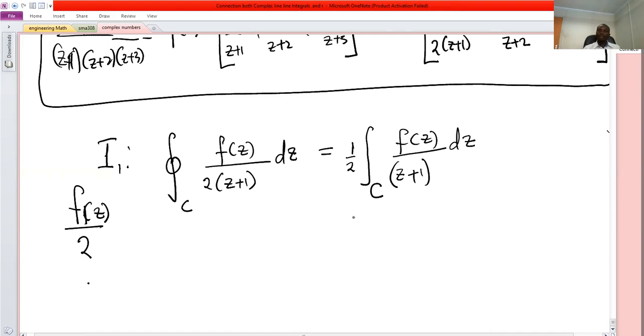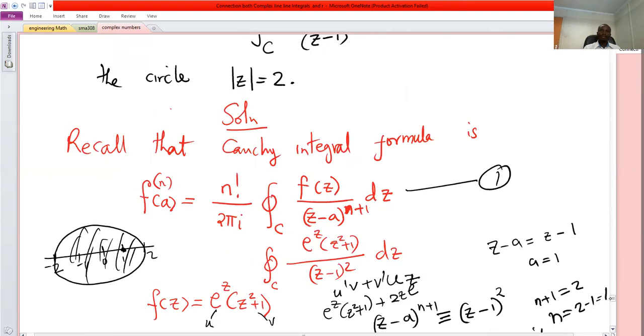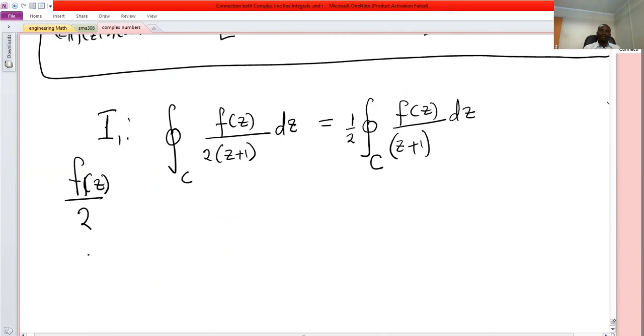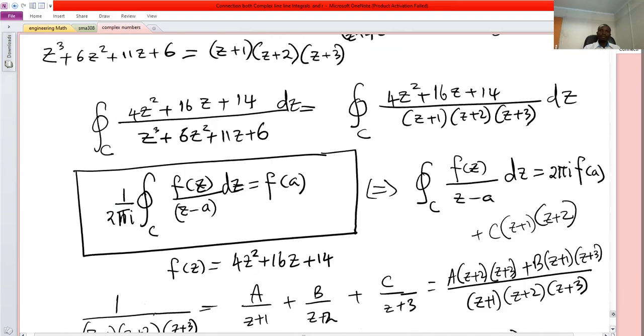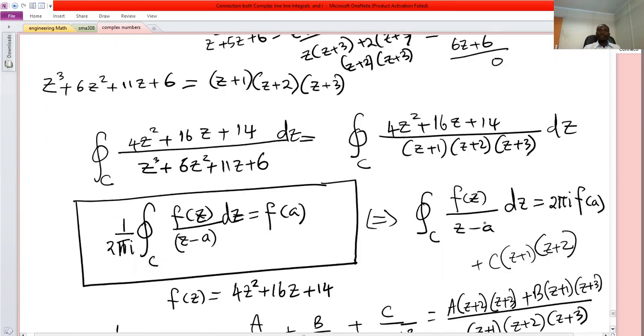And remember from what we have said here, from the statement, we have the integral along C, provided that the point a is within C or on C, of f of z over z minus a dz equals 2 pi i f of a.